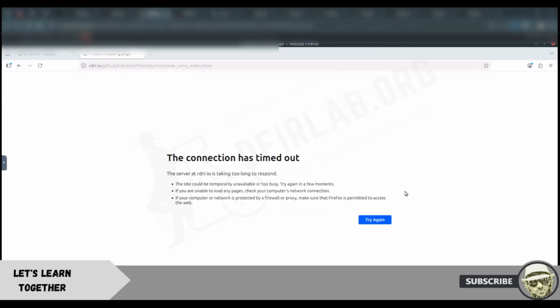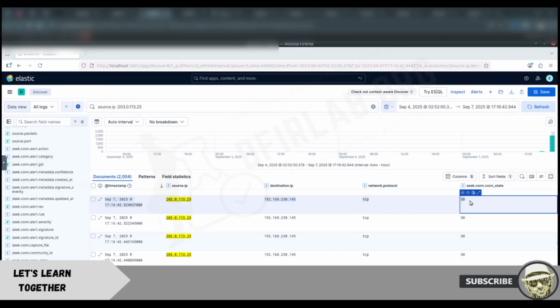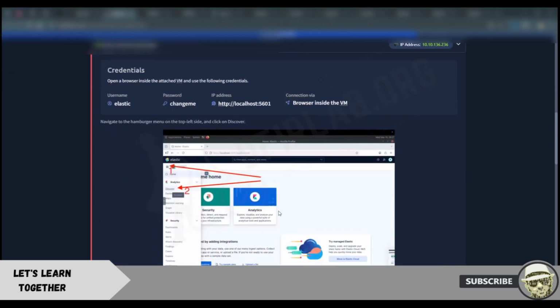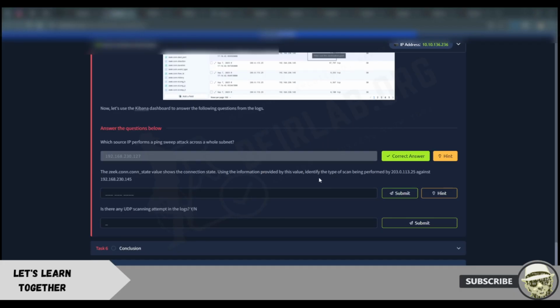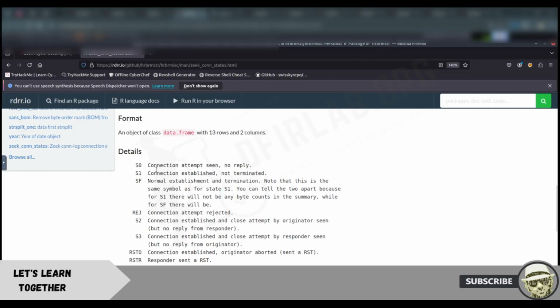Okay. Now this one we have S0. So for the sake of the question, identify the type of scan being performed. The scan being performed is no reply.